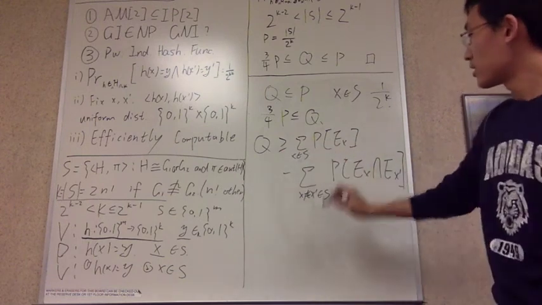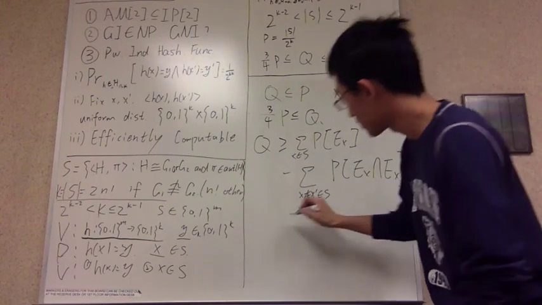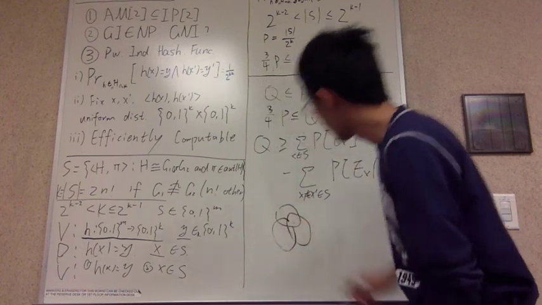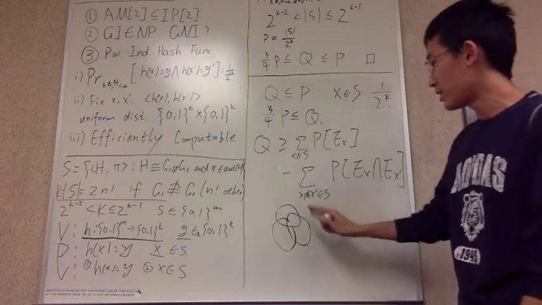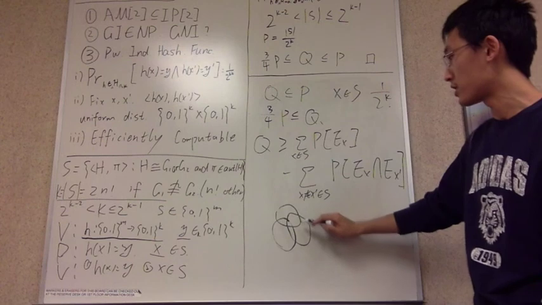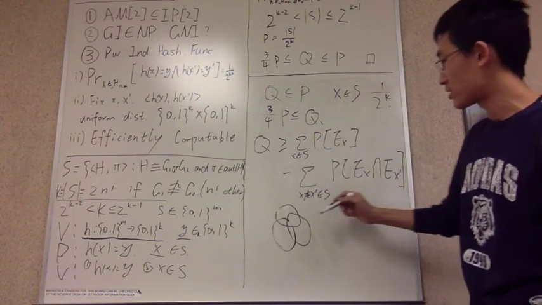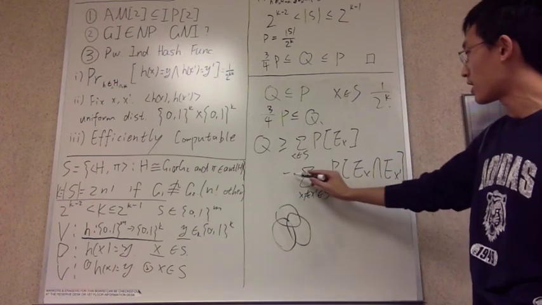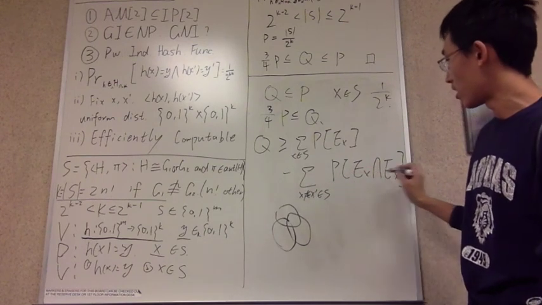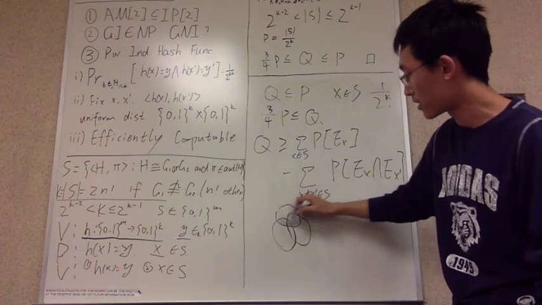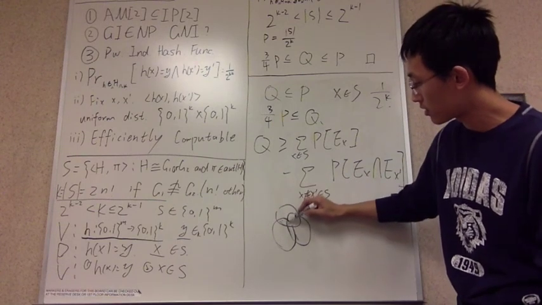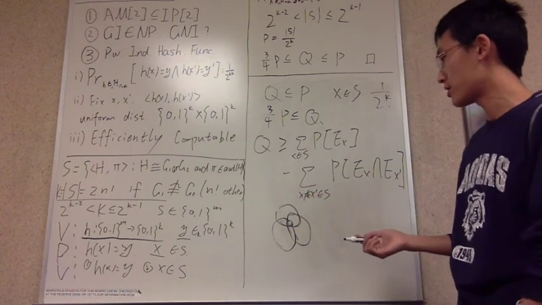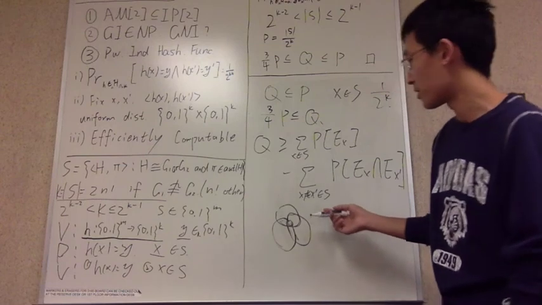Basically, for example, if we have 3 circles, and Q is the probability of the area of the 3 circles, this is just the sum of these areas added together, and we subtract all the 3 intersections. Actually we subtract this thing more than 1 time, which is actually more than 2 times.